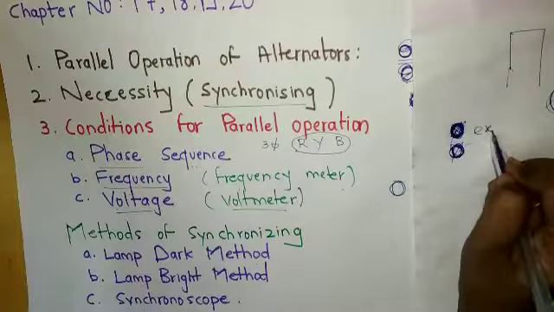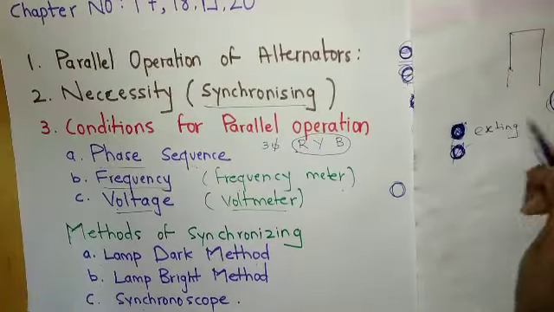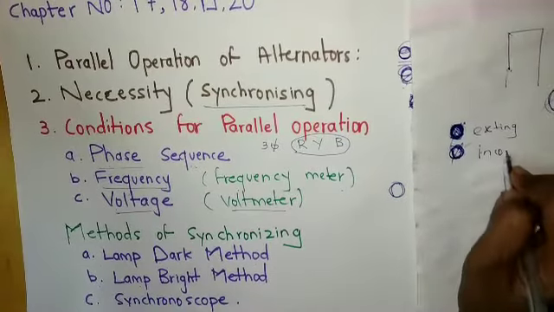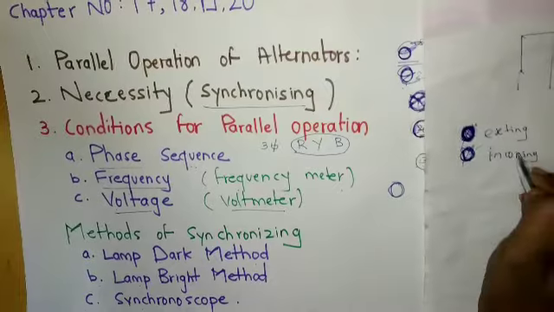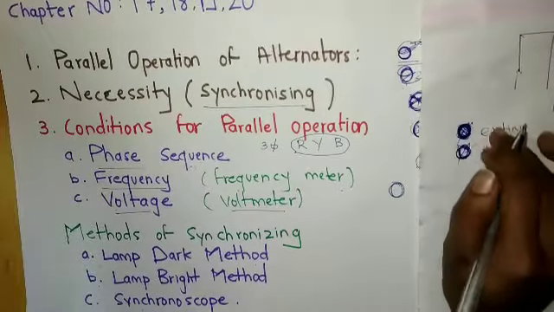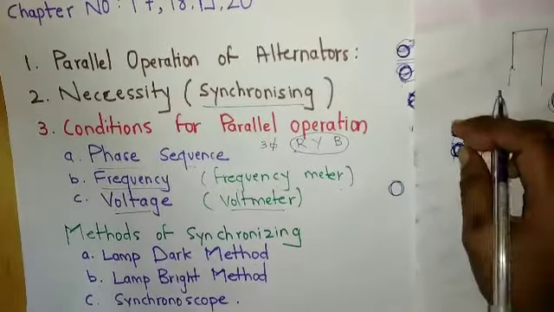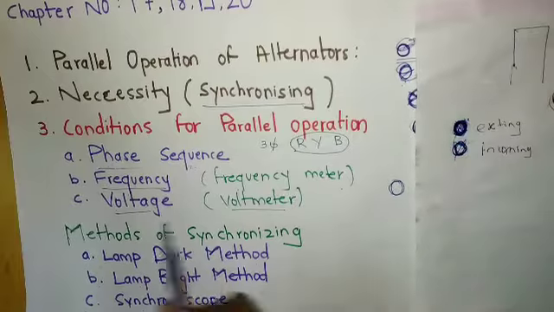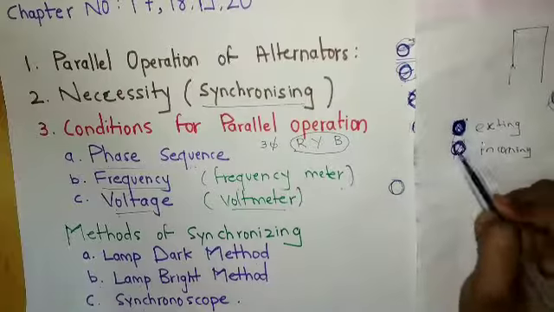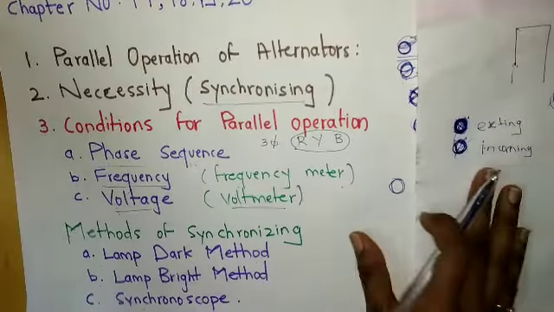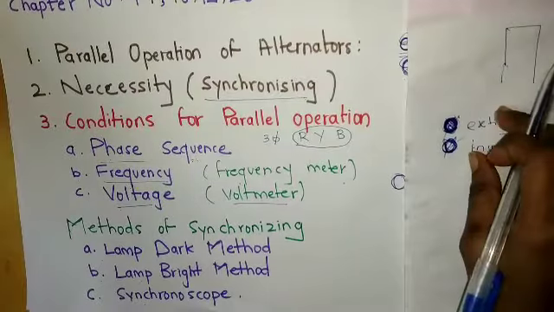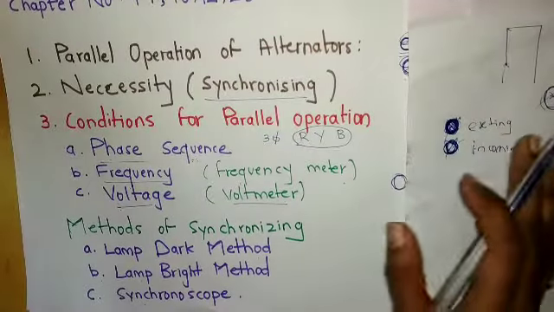This one is existing, that means it is already there in our circuit, and this one is incoming, which we are going to connect to our existing alternator. Both must have the same phase sequence, the frequency must be the same, and the voltage of these two alternators must be the same, right? If these three conditions are fulfilled, then this parallel operation will happen.